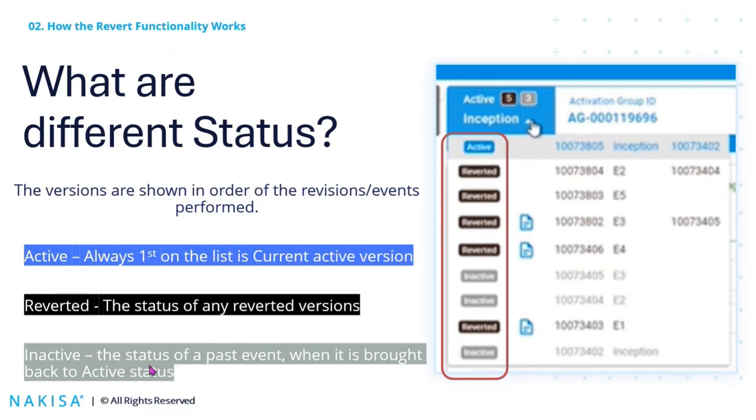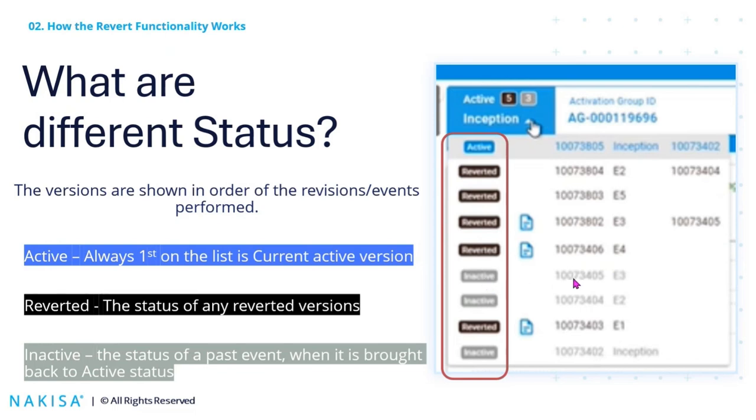And the inactive status is the status of a past event when it is brought back to active status. So basically, this means that these three versions were probably in this process of testing event 1 to event 5. We have probably brought back an event in revert, and that's why we see it as inactive.